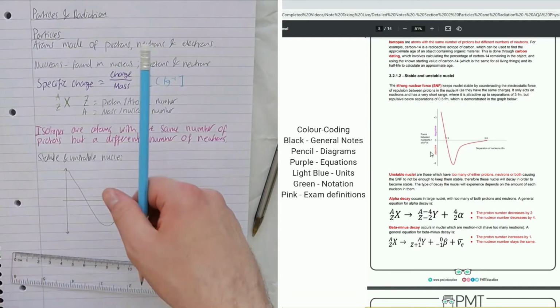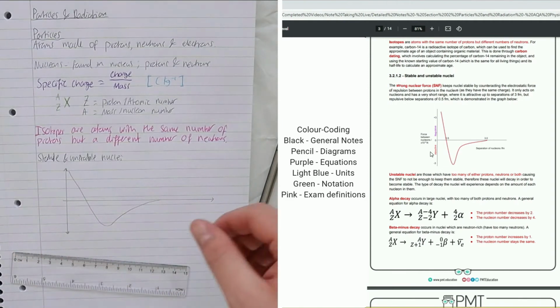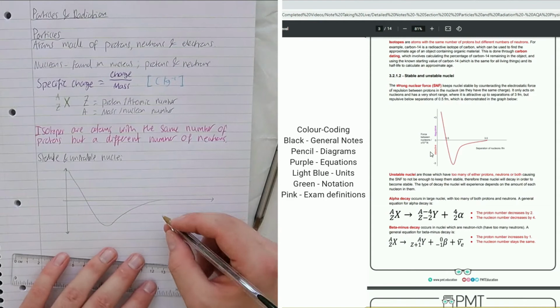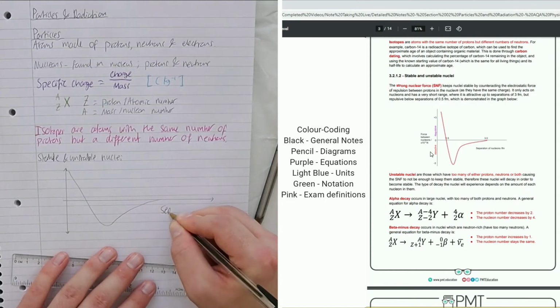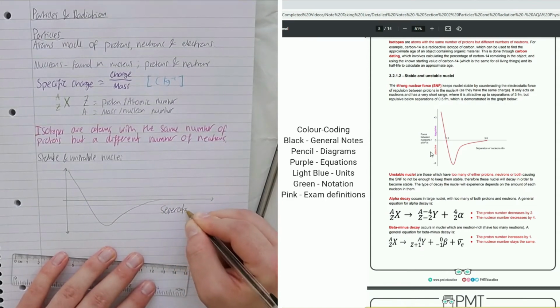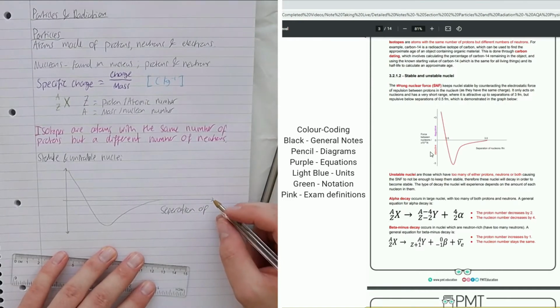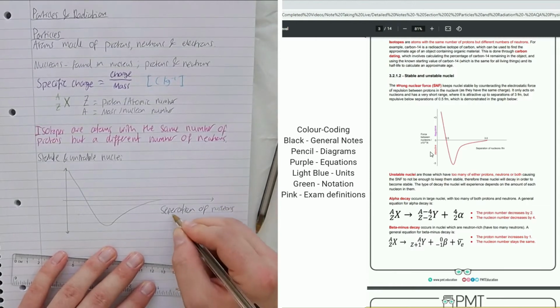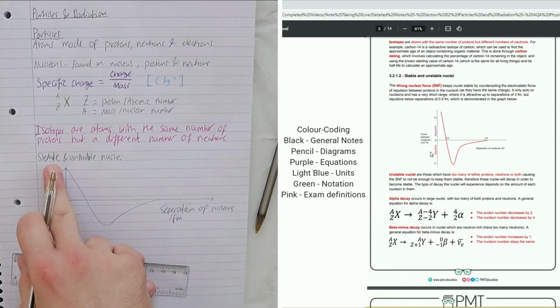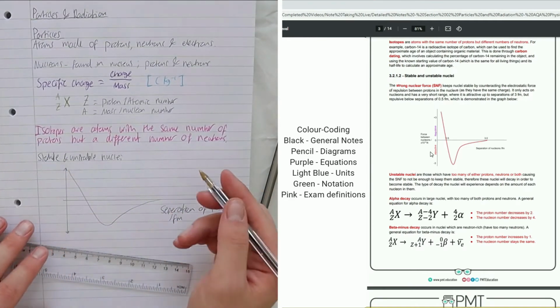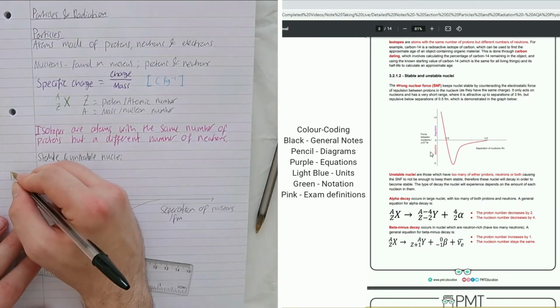And what are these things on the side? So what are the axes names? We have separation of nucleons in femtometers. So separation of nucleons in femtometers, and along this axis it's the force between nucleons in, so I might write this in the margin.